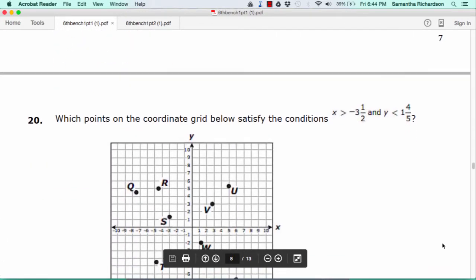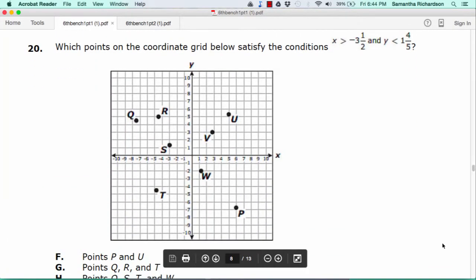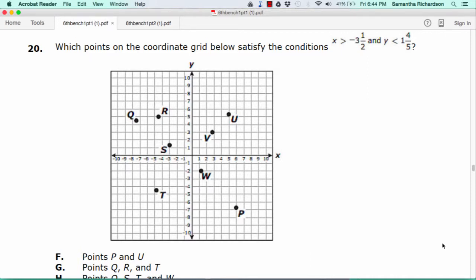Question 20. Which points on the coordinate grid below satisfy the conditions x greater than -3 1/2 and y less than 1 4/5?